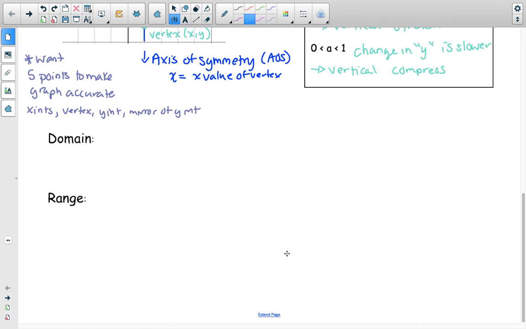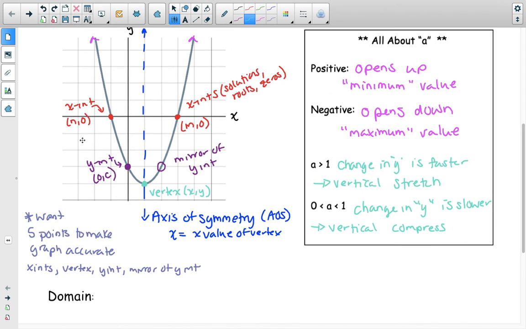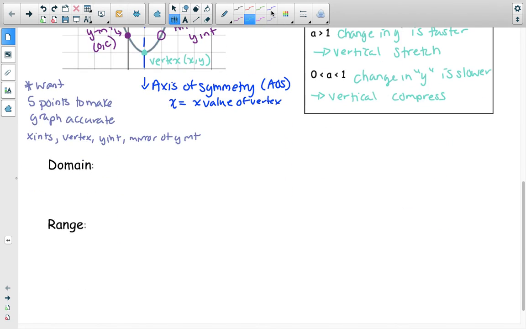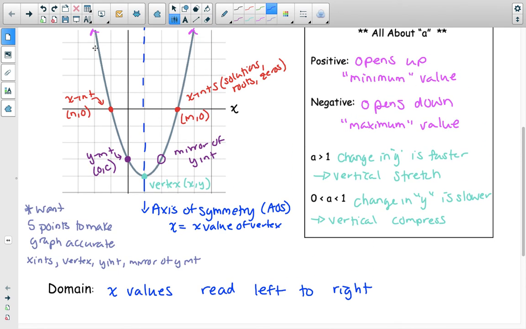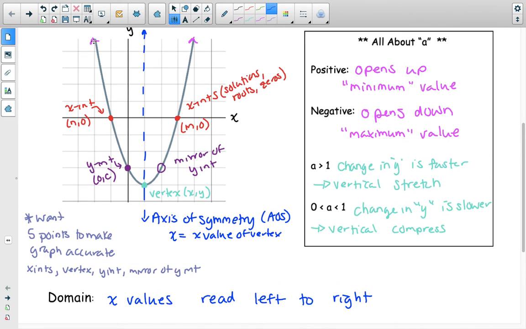Then we want to talk about the domain and range. The domain of a quadratic will continue to go left and right forever. So the domain we know are the x values, and we read them from left to right. Now on the left side of our graph, we have an arrow. That means we do not have a minimum x value to our left.